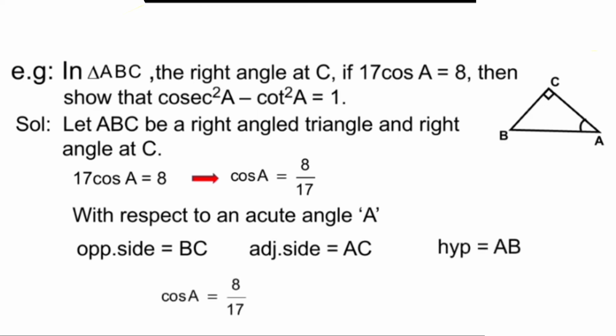We know that cos A is equal to 8 by 17, which is defined as adjacent side by hypotenuse. Now let us substitute adjacent and hypotenuse by AC and AB respectively.